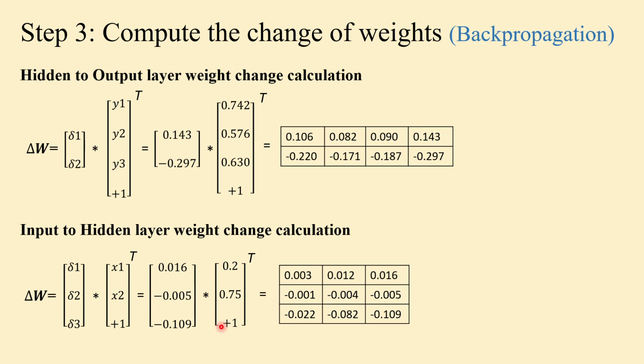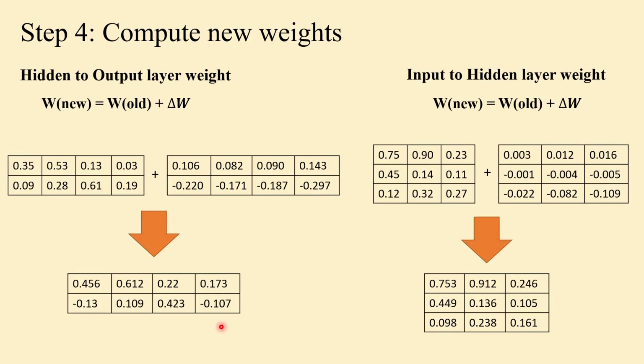As soon as you get this delta W for different layers, you can easily calculate the new weights. Initially my weight between hidden and output layer was something like this. We have got this delta W, and if you just add it, I will get a new weight. Similarly, the synaptic weights between input and hidden layer will be something like this.